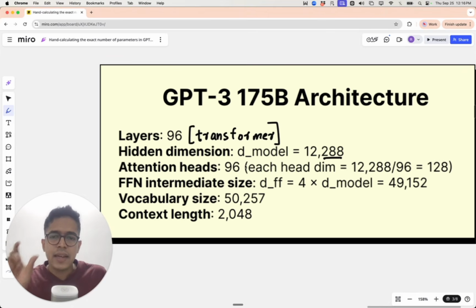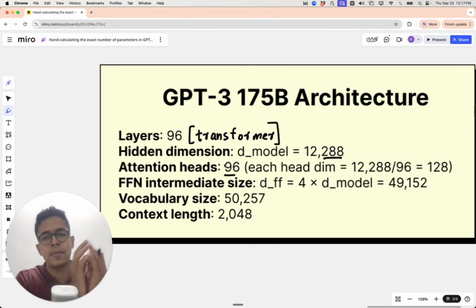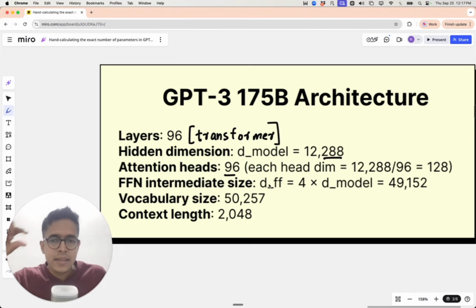And within each transformer layer, you have a bunch of things. One of the most important things is the multi-head attention. Each multi-head attention has 96 heads. So 96 heads make up one multi-head attention inside one transformer block. Inside these multi-head attentions, each head takes care of 1/96th of the dimension of your input token, which means 12,288 divided by 96 equals 128.